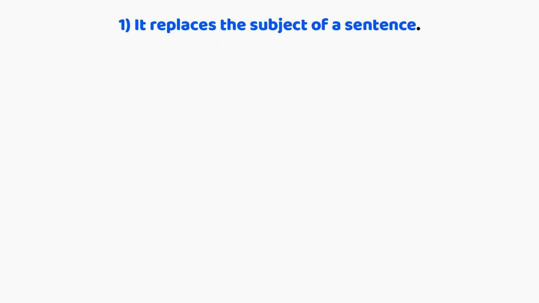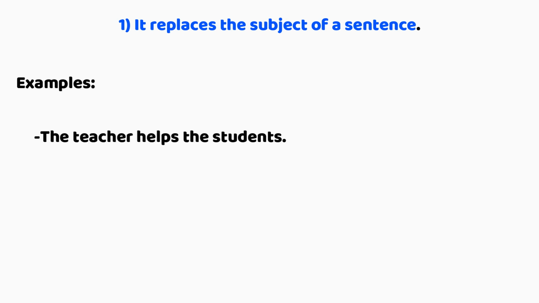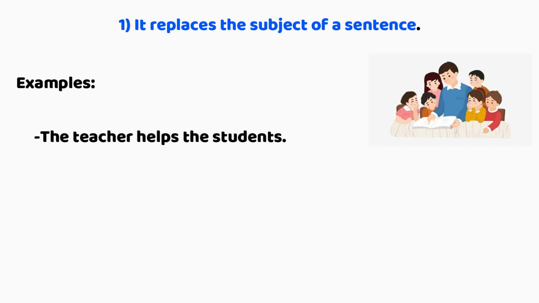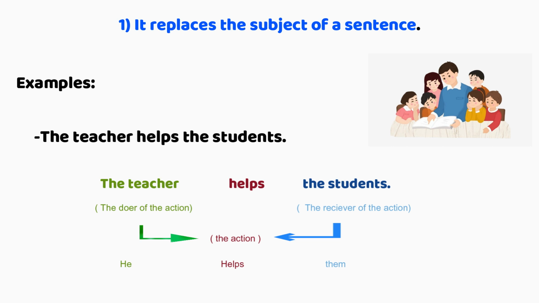The first type is a pronoun that is used to replace the subject of a sentence. For example, the teacher helps the students. So here, what is the subject of this sentence?